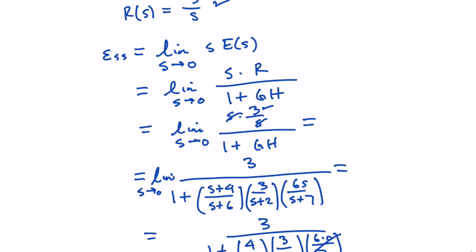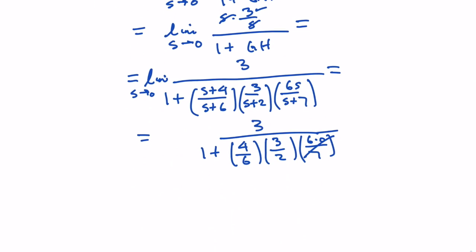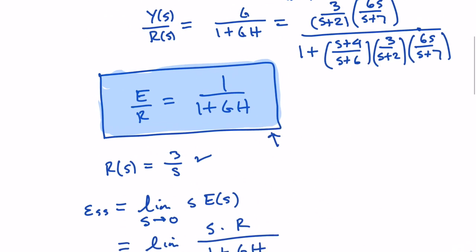So that term is 0, and because that term is 0, that knocks out all this other stuff, and we get a steady state error of 3. Hopefully that makes some sense.